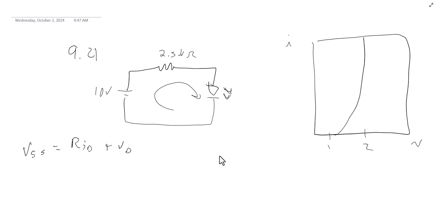Now we say, what do we get for I if V is 0?